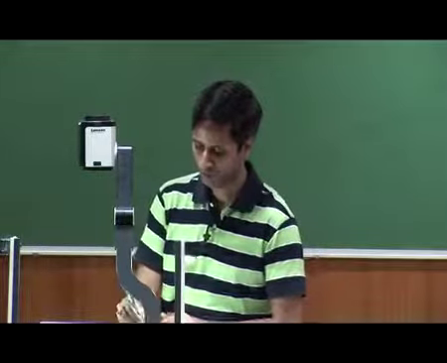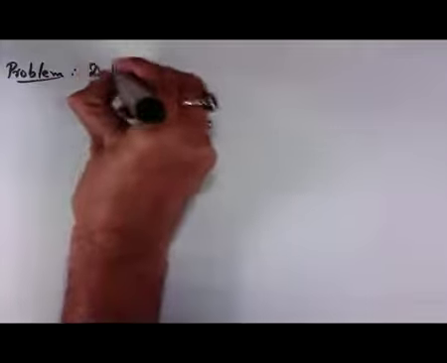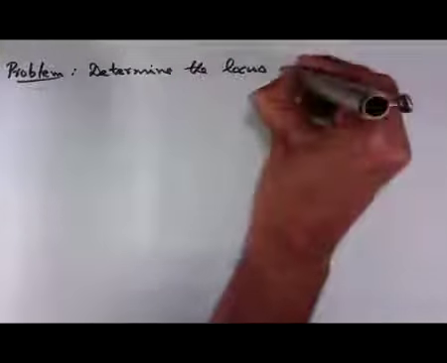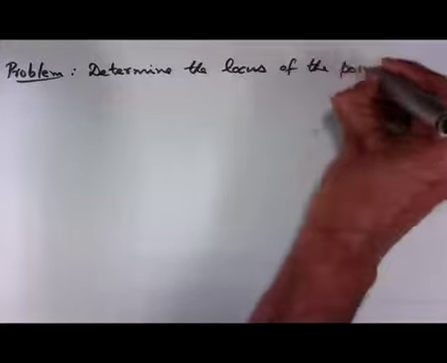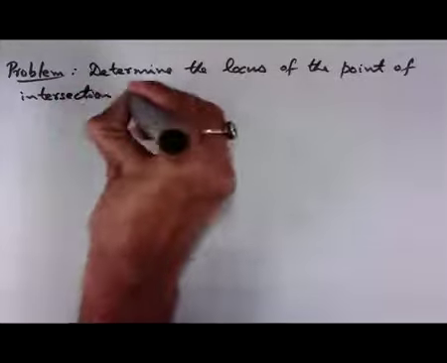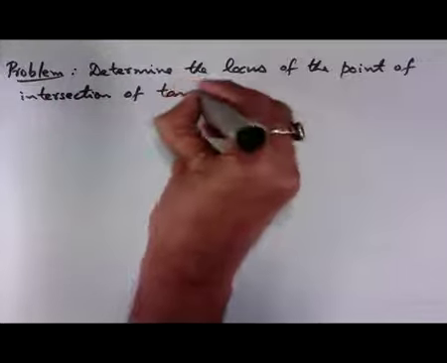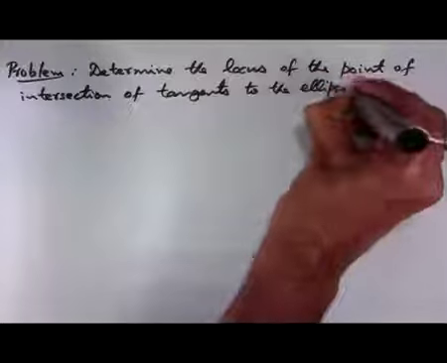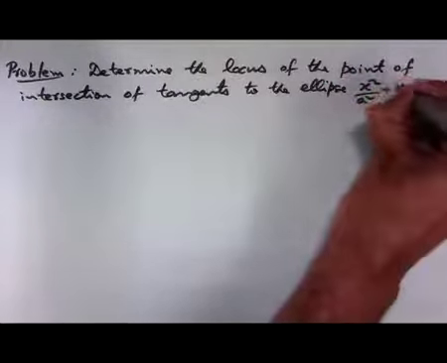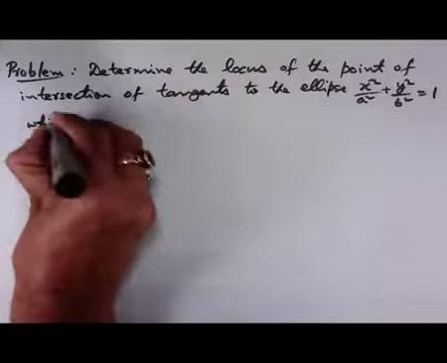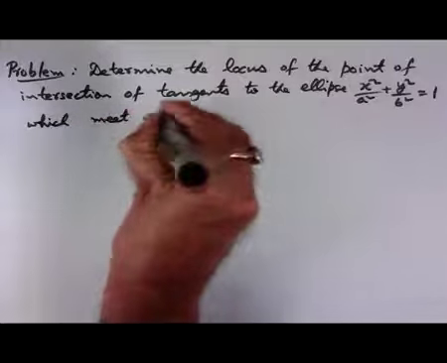So, next we will do one problem. Determine the locus of the point of intersection of tangents to the ellipse x square by a square plus y square by b square equal to 1, which meet at right angles.